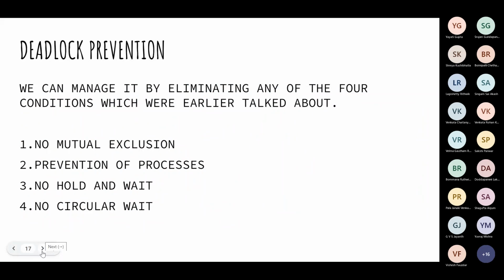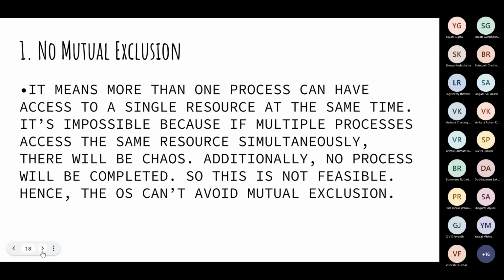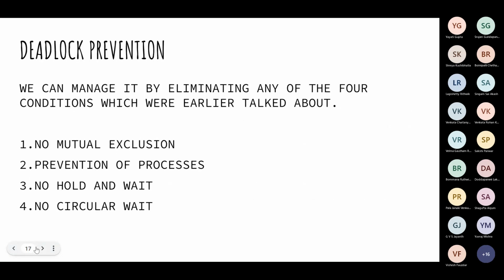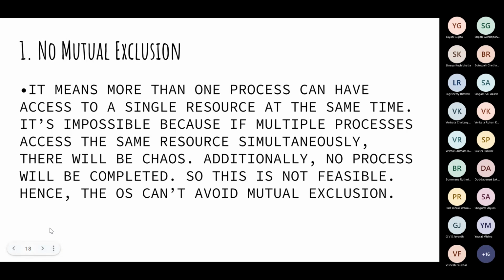Next is deadlock prevention. There are four necessary conditions for deadlock to occur, and if we prevent any one of those conditions, we'll be able to prevent the deadlock. So deadlock prevention has four methods: no mutual exclusion, no preemption, no hold and wait, and no circular wait. Now we'll discuss each one of them in detail.